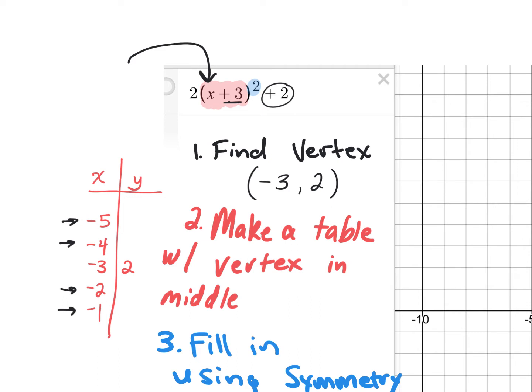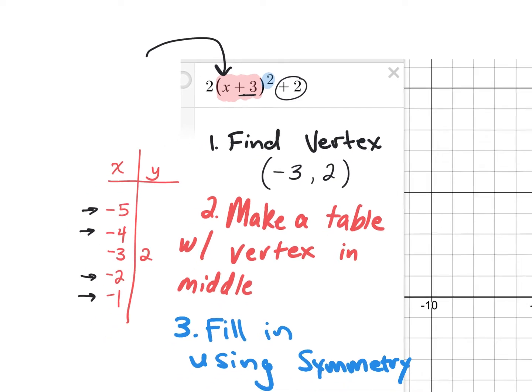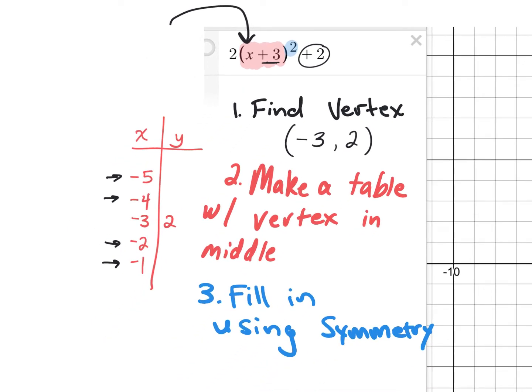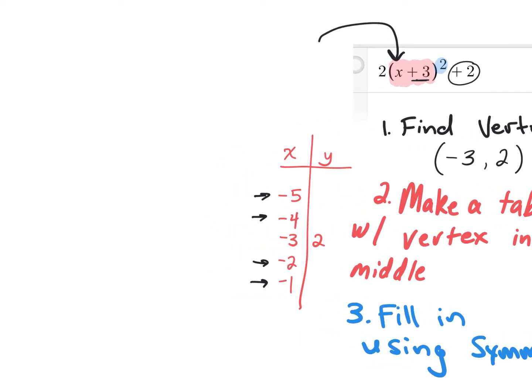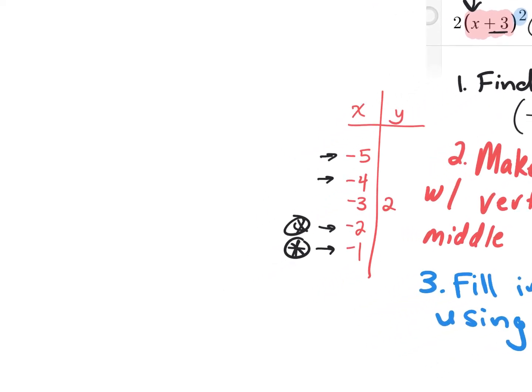Since we're using negative numbers and we're adding 3 to it, I think it's going to be easier if we work on the bottom half of our table. So I'm going to plug in -2 and -1 to see what the output is.